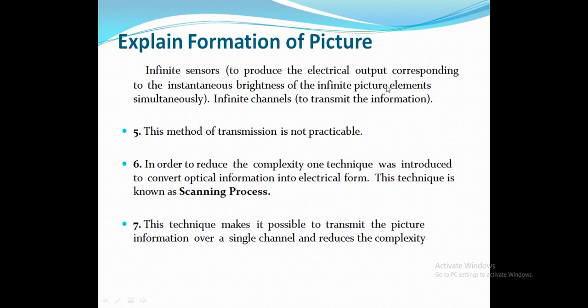That means to produce the electrical output corresponding to the instantaneous brightness of the infinite picture elements simultaneously, we require infinite channels. So this method of transmission is not practicable.